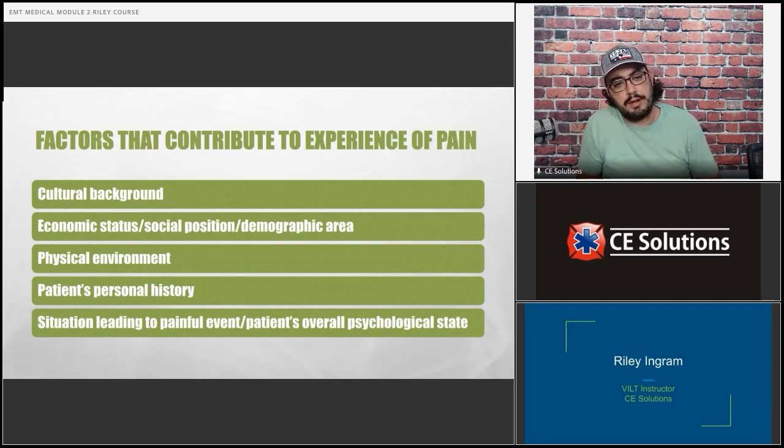Physical environment, I said that already. Patient's personal history and situation leading to the painful event, and the patient's overall psychological state. These are all really fluid, really person to person, right? My personal history is totally different than your personal history, especially in relation to pain.